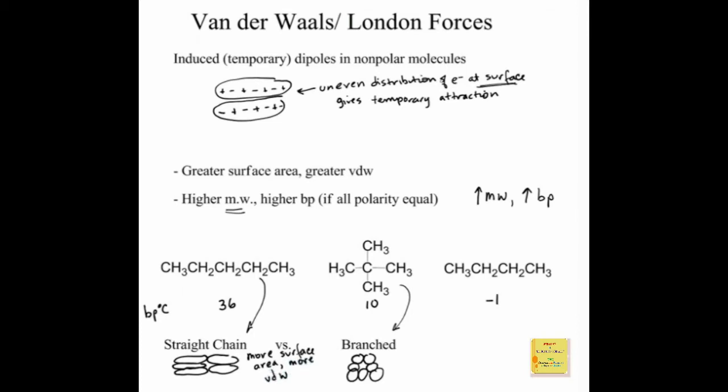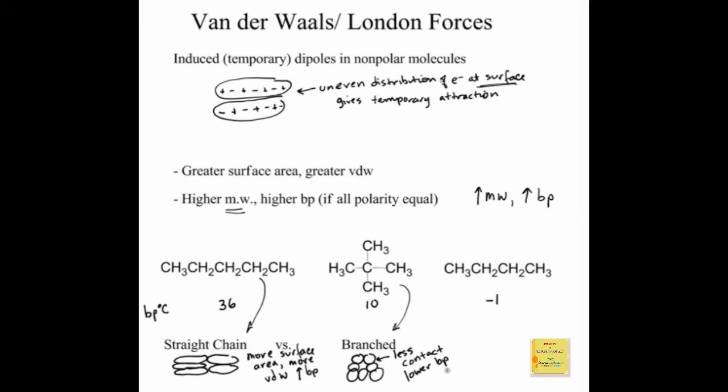What is that going to do to the boiling point? It's going to increase the boiling point. Okay, but a branched molecule, if it's a spherical molecule, imagine throwing those together, they have very little surface area, less contact, and that's why it has a lower boiling point. It's easier to take these molecules apart.